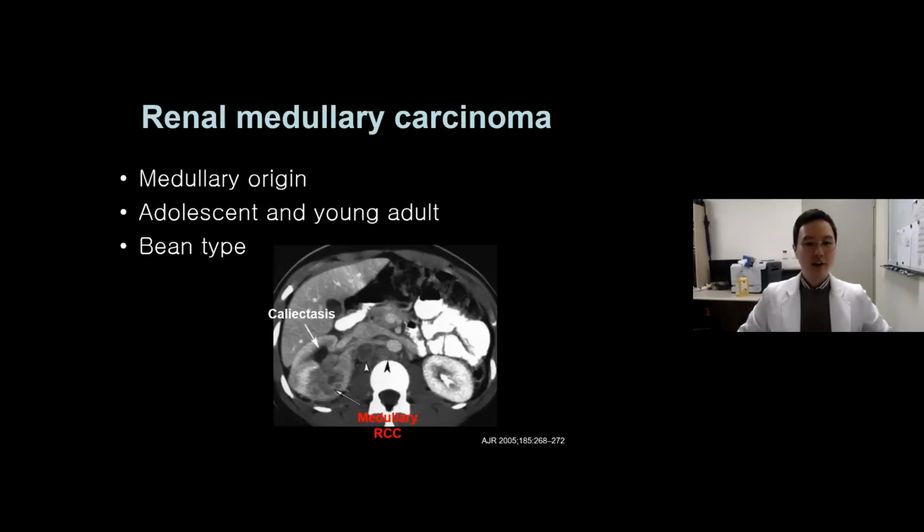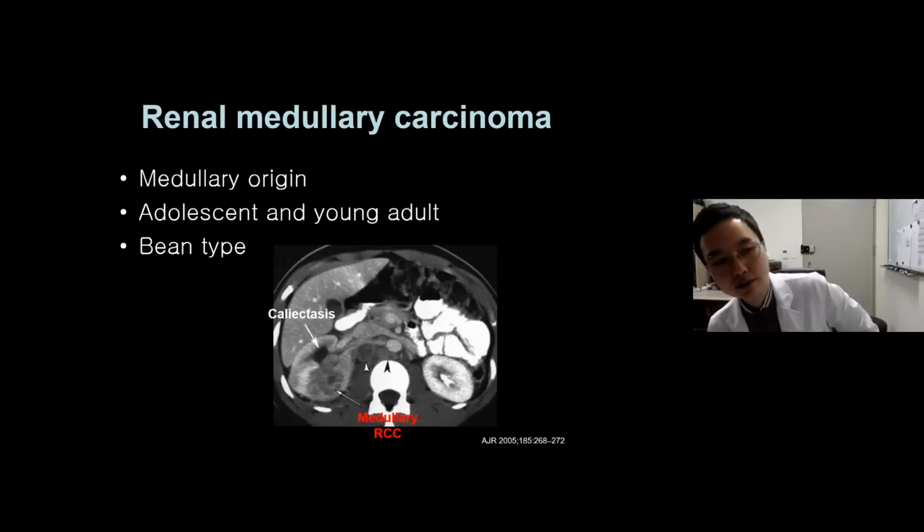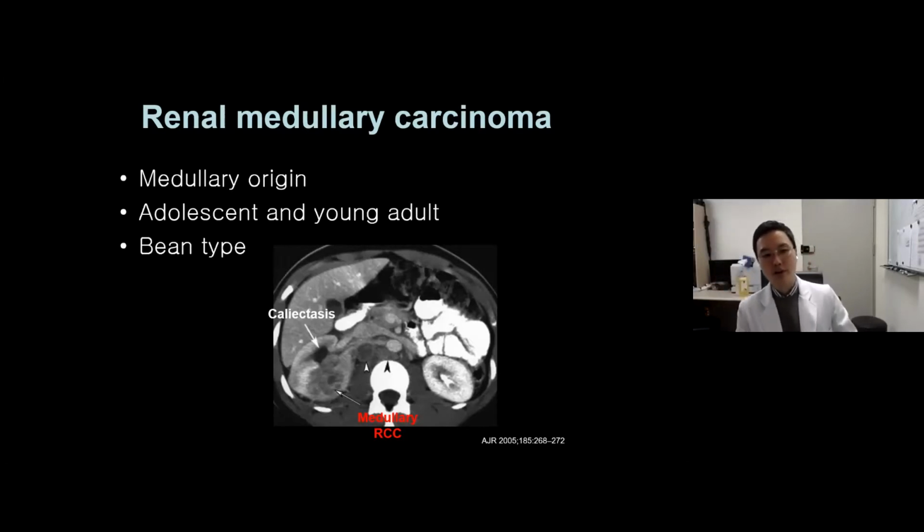And there is renal medullary carcinoma, which originates from the medulla, and it is almost exclusively seen in adolescents or young adults.